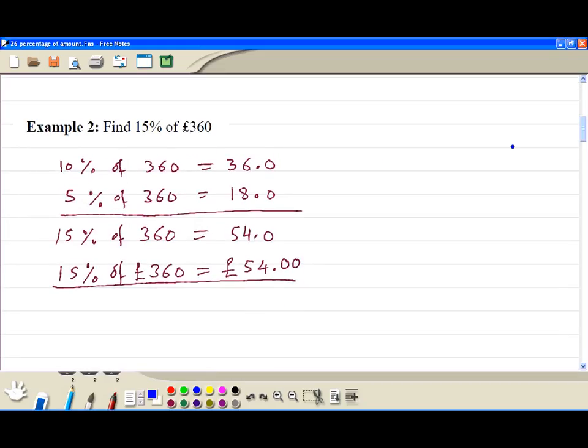Example 2. So we write 15% as 15 out of 100. Multiply by 360 over 1. This time we can cancel 1 zero. So we're left with 36 times 15 on the top.